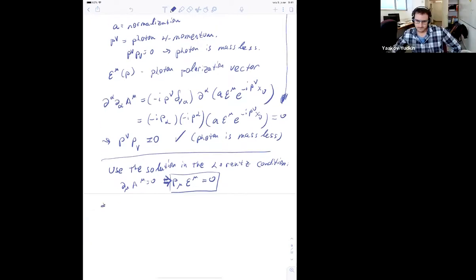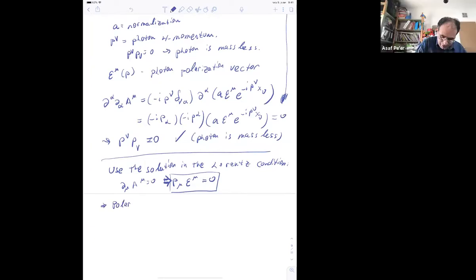So it means that the polarization vector, the polarization of the photon, or the 4-vector polarization, is perpendicular to the momentum 4-vector.